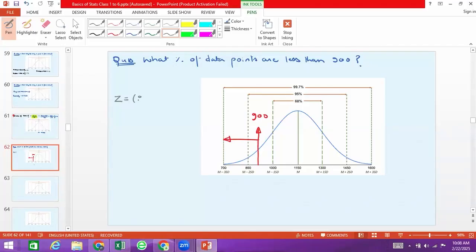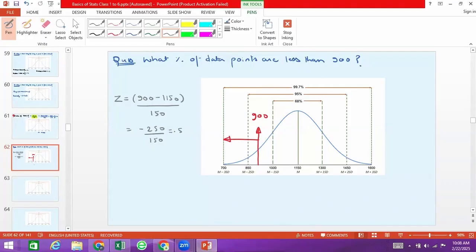So it is, for example, xi minus mu. Always remember the formula and use it as it is. Xi minus mu divided by sigma. That is 900 minus 1150, so it is minus 250 divided by 150. Is it correct? Right?